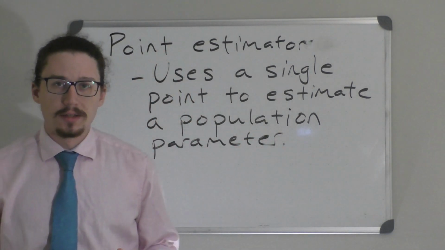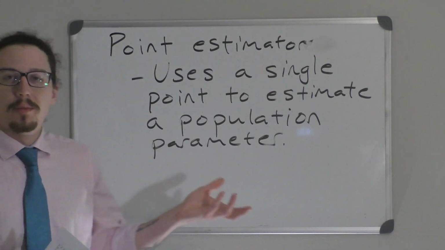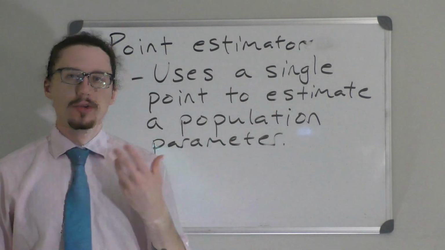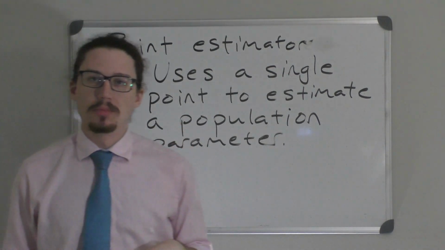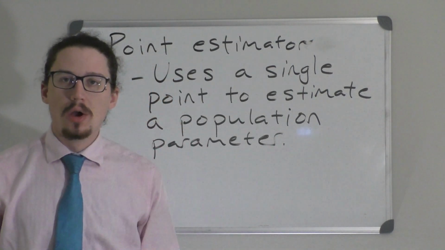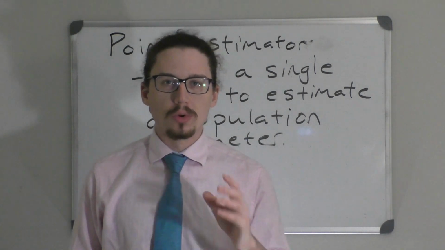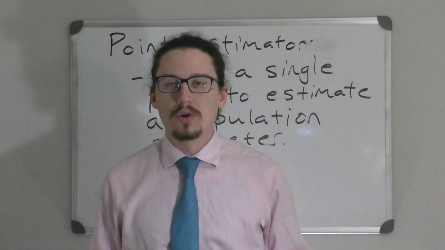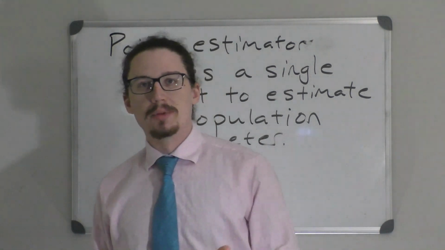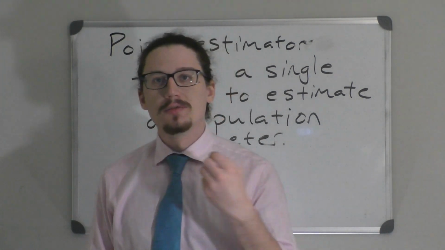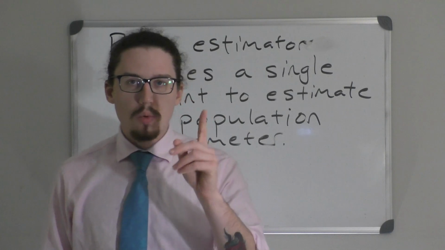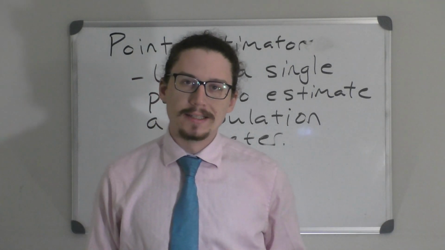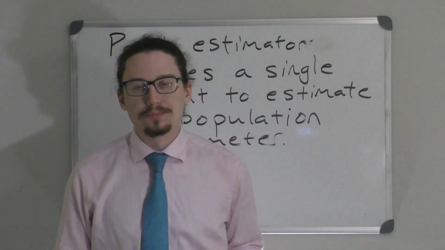So with our point estimators, you can probably figure this out. They use a single point, a single value to estimate the population parameter. So just like when we're calculating a sample mean, we're only going to get one value as a result. We're not going to get multiple values for our sample mean calculation. The same is true for our sample variance, for our sample standard deviation. We just get one value for that estimate. That's why it is a point estimator.